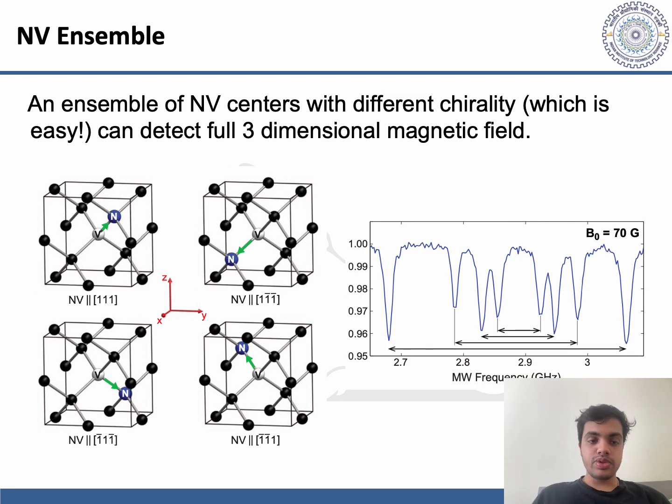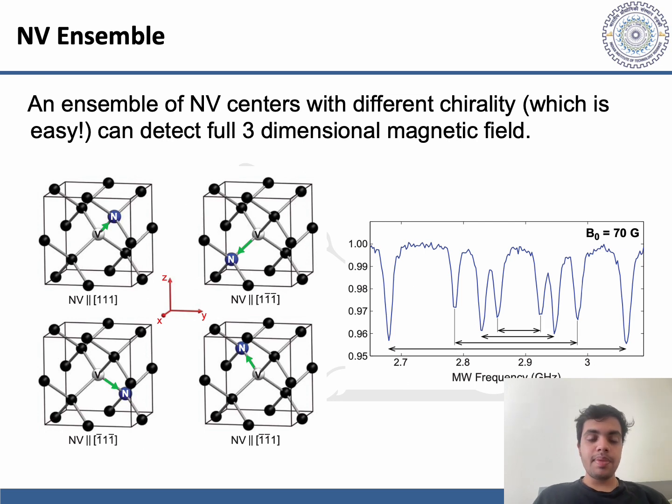Let us say that you have an ensemble of NV centers. You have many NV centers, and because they have been created by some chemical process, you cannot control which direction the NV center would have. That means you have a random ensemble of different NV centers with different directionalities.